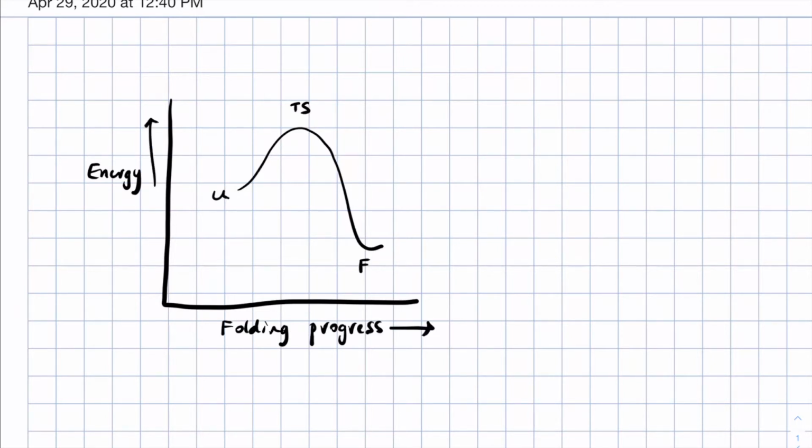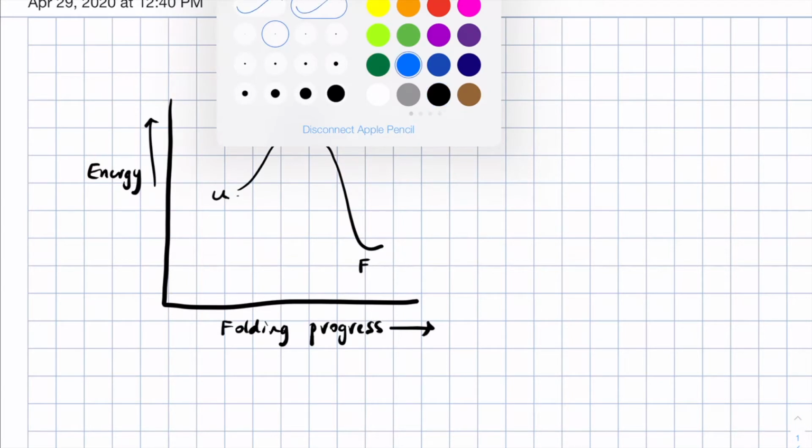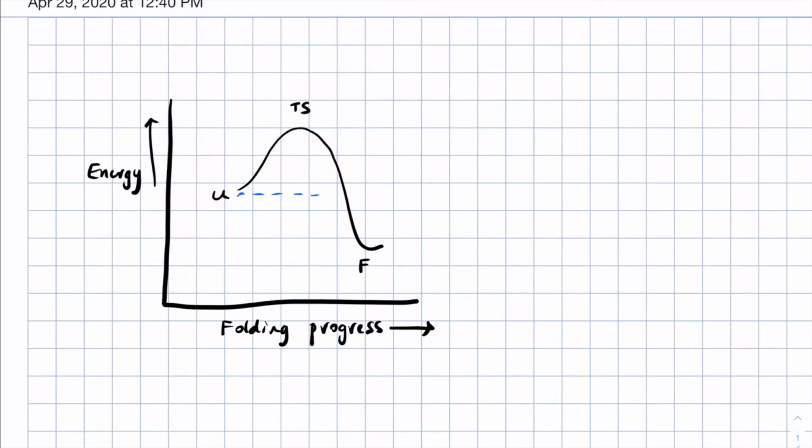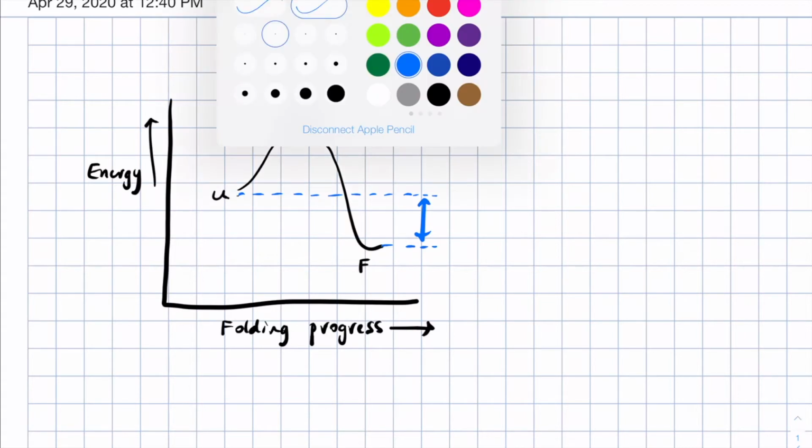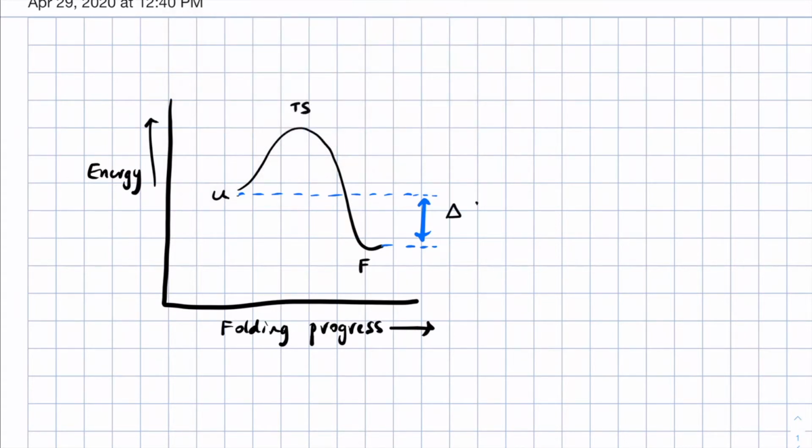And the equilibrium would be defined by the difference in free energy between the unfolded and the folded conformation. So we would call that delta G for our folding.